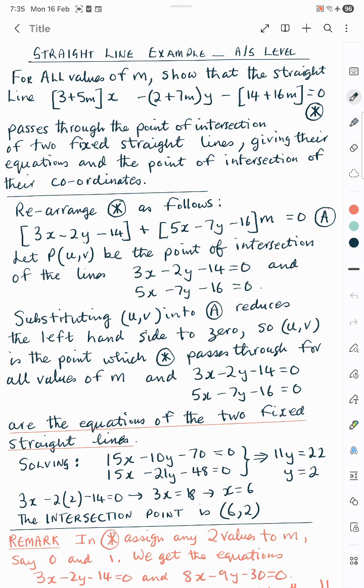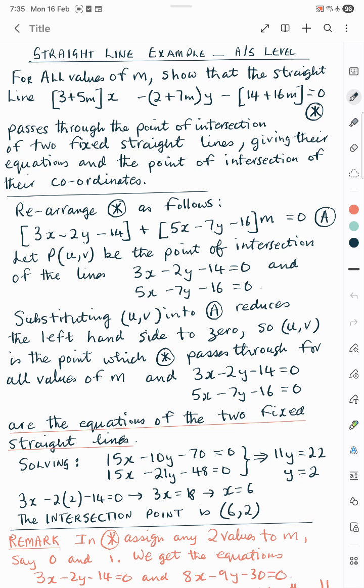Now, suppose that P has coordinates (u, v) and that this is the point of intersection of the straight lines 3x - 2y - 14 = 0 and 5x - 7y - 16 = 0.